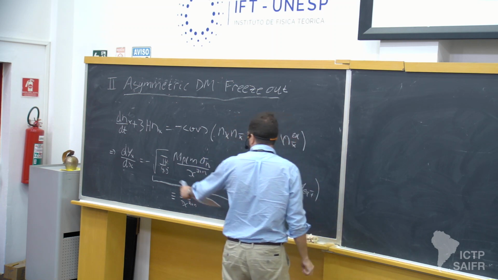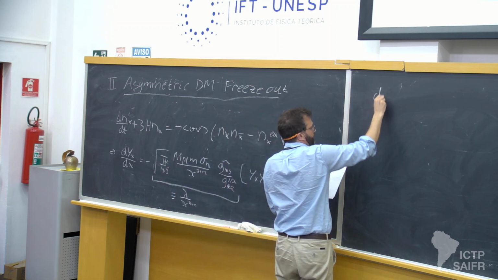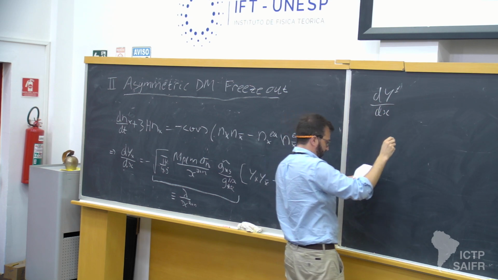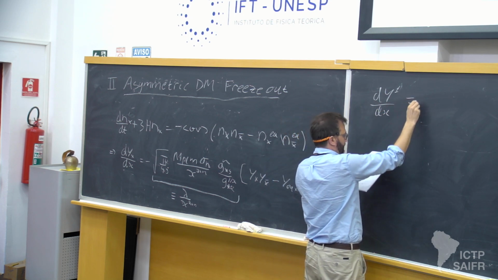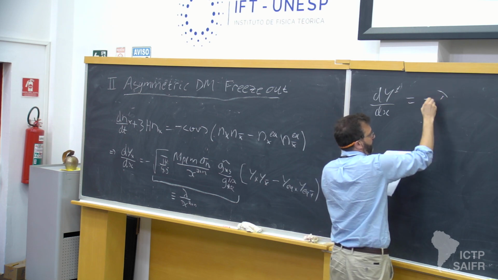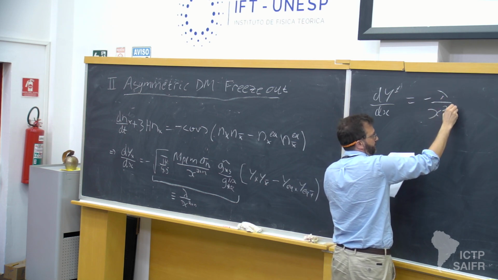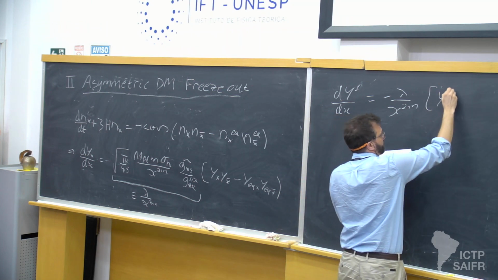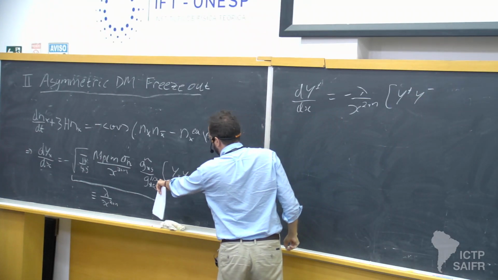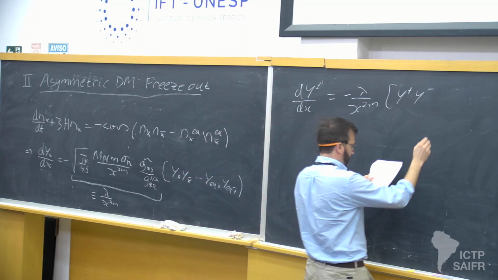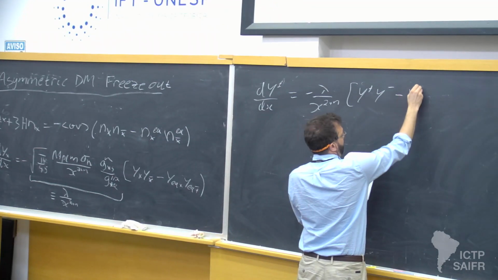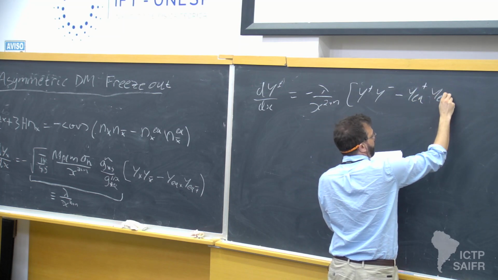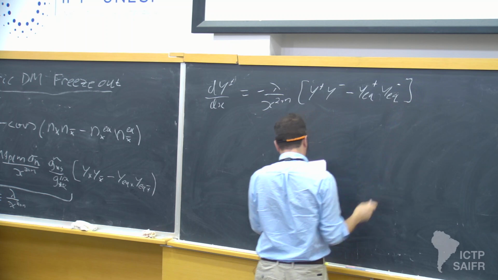So now again, we'll have our equations for the dark matter densities. And we'll have this is equal to negative lambda on x squared times y plus y minus, so it's just this same equation, okay? Minus y equilibrium plus y equilibrium minus, okay?